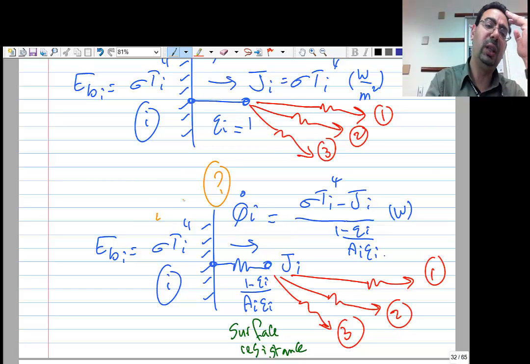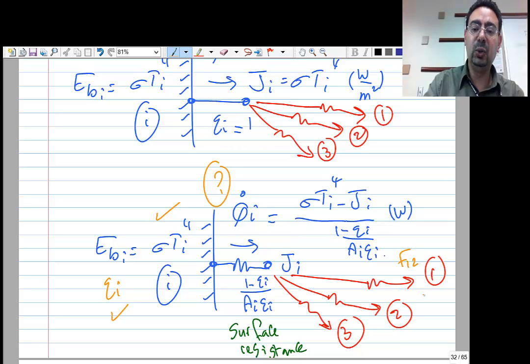And of course I will give you the temperature and the epsilon, I mean the surface property, and you will work your way to get the Fi1 and the Fi2 and the Fi3. Are you ready to calculate the Q leaving surface I and going to each one of those surfaces, or not yet? Any problem you expect?